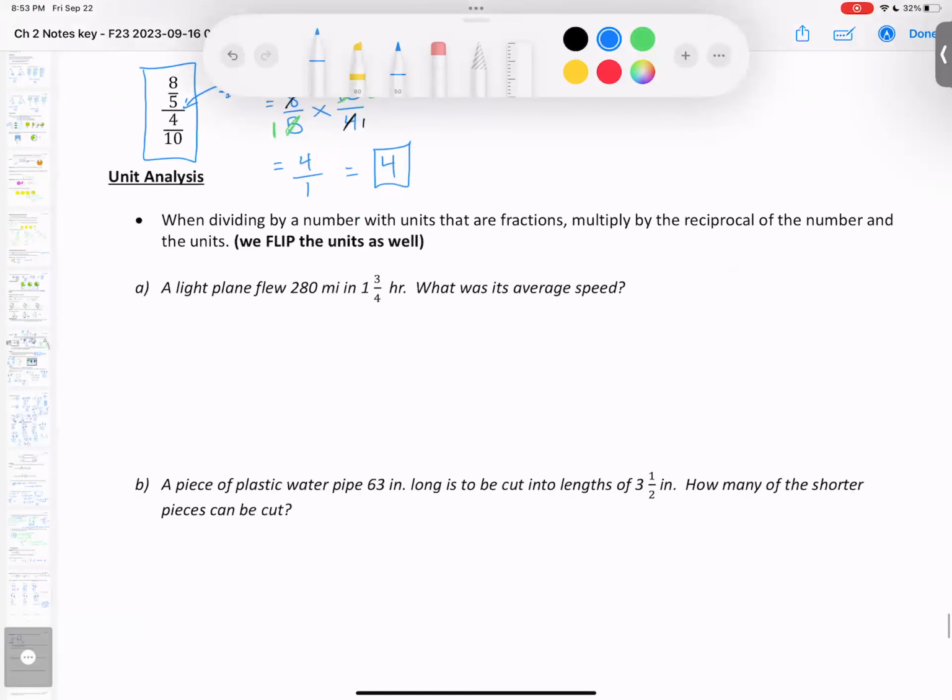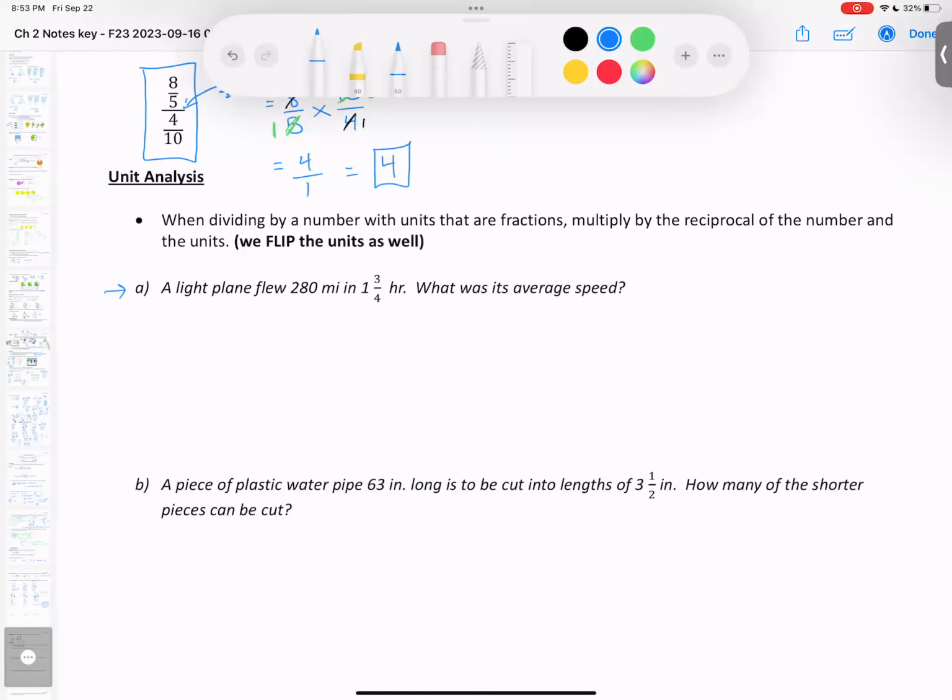All right, so moving on now to cases where you might have unit analysis, or units that are going alongside your number. For example, take a look at this first question. We have a light plane.